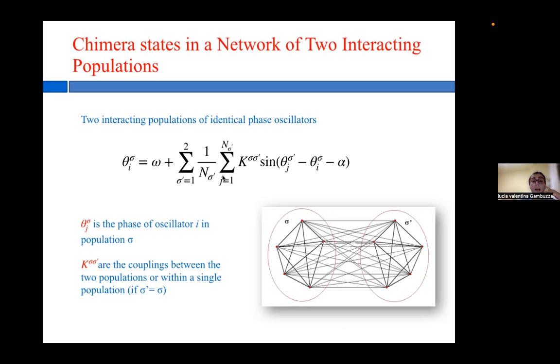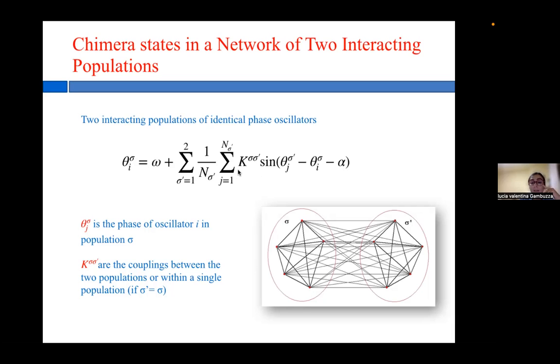Again, we have a Kuramoto model, so we can distinguish the natural frequency of each unit. Also in this case, the natural frequencies of all the nodes are identical. Then we have the behavior of the two populations. The contribution of each population is given by the first term, and this is normalized with respect to the number of nodes inside each population.